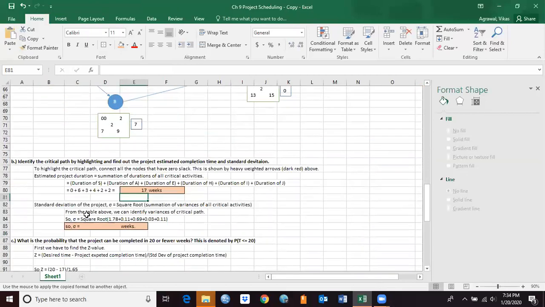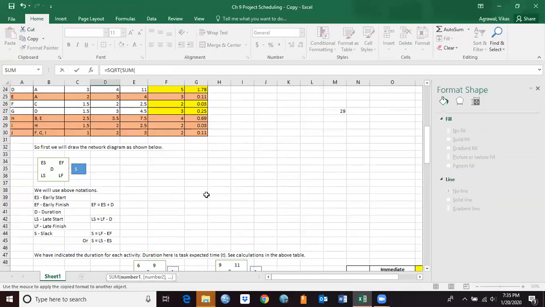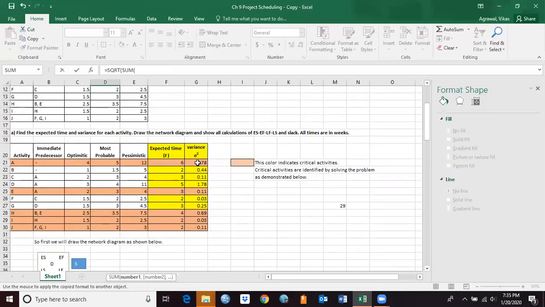Now we also need to find the standard deviation of the project, which is given by the square root of the summation of variances of all critical activities. So that's going to be equal to SQRT, the square root of, I'm going to say SUM, and I will select 1.78, 0.11, 0.69, 0.03, 0.11.